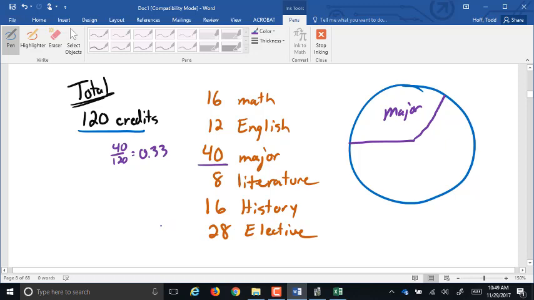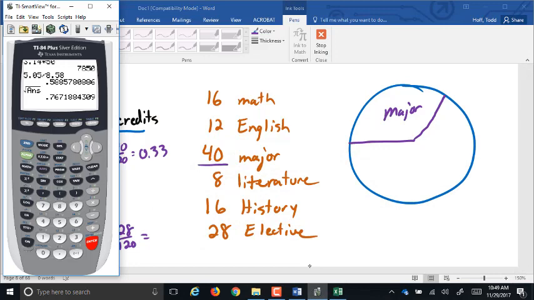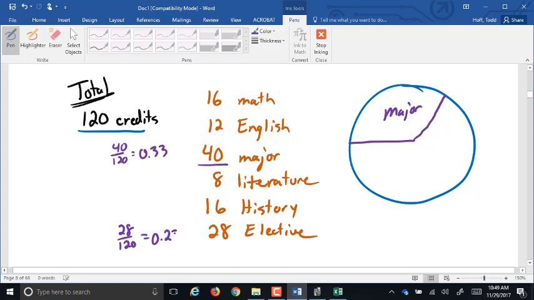You might keep going, like 28 for your electives. 28 divided by 120 is 0.233. Just under 25% are your electives.